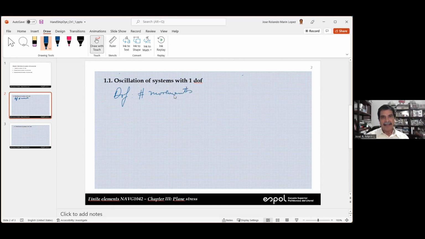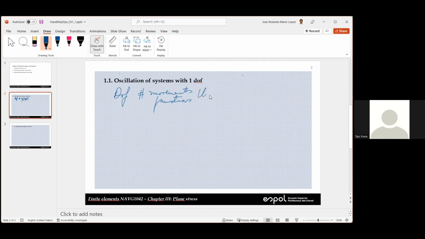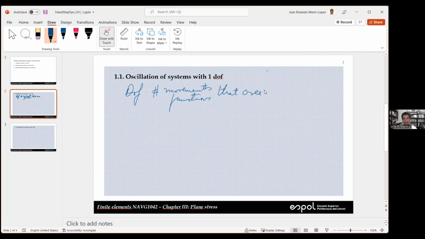Okay, something like that. Or a number of functions that are needed to describe the motion of a system.